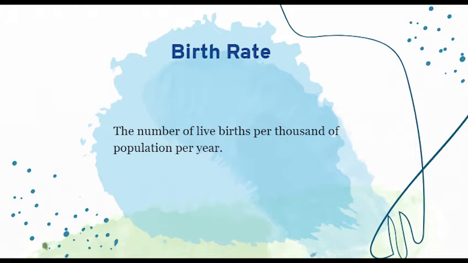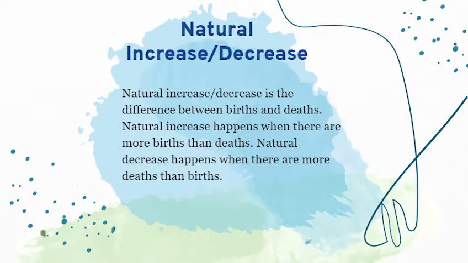Now, we have something called natural increase and natural decrease. So natural increase or decrease is the difference between births and deaths. So it's the difference between the number of people who are born and the number of people who have died. Now, natural increase happens when there are more births than deaths. So it's an increase in population.